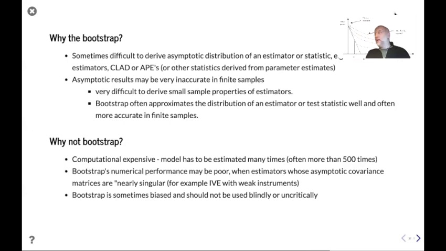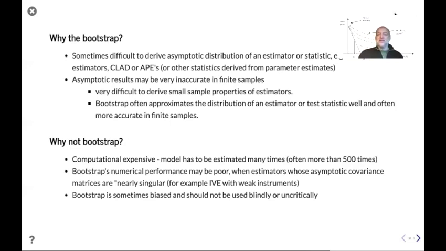So for example, in the context of the Arellano-Bond estimator we looked at, if you have lots of instruments and those instruments are weak, then as you get further and further out, these matrices that govern the asymptotic variance are going to be nearly singular. Okay, and so in that case, bootstrapping is not really giving you anything other than noise.